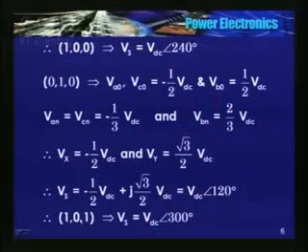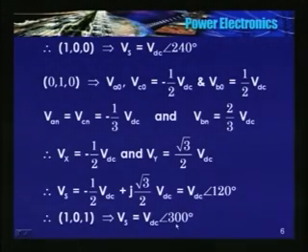So for 1, 0, 1, Vs is VDC at an angle of 300 degrees. For all the remaining 6 vectors, we found that the magnitude of the space vector is the same. Now let us plot these 6 vectors, in fact all 8 vectors, in the xy plane.